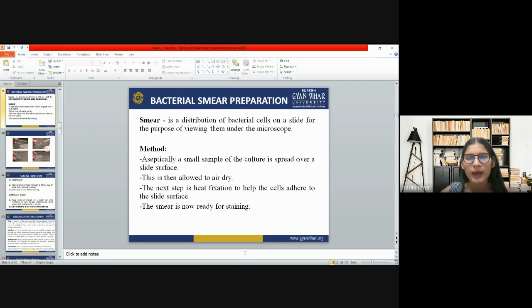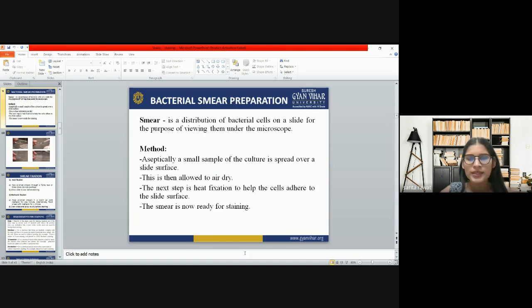The method of making a smear is that we take a slide, then aseptically take a small sample of the culture and spread it over the slide surface. Then it is allowed to air dry.